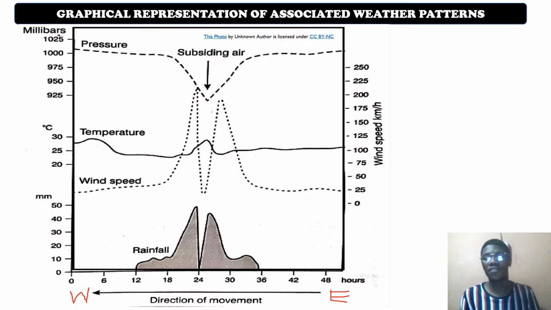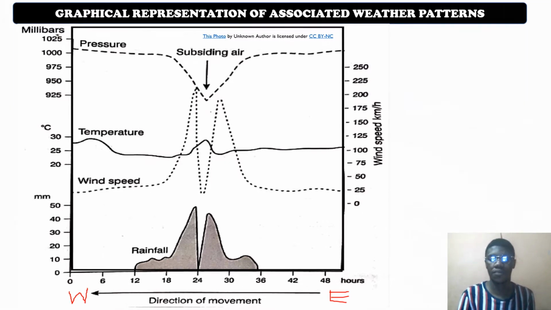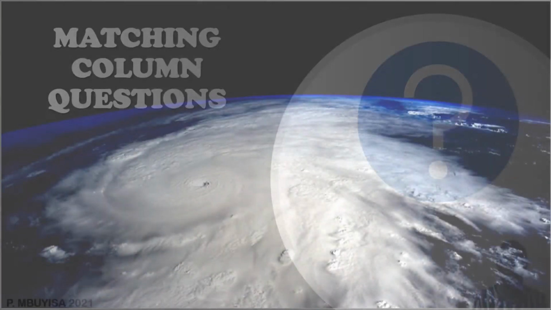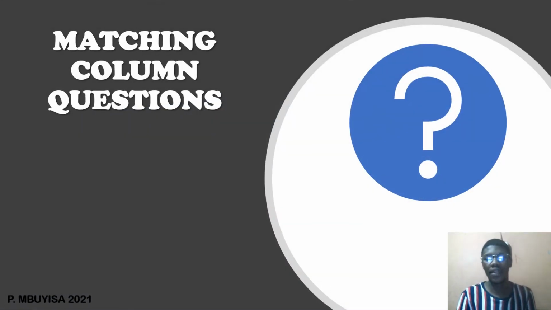Okay, so important point to just think about. Now right now I want us to think about some of the questions they may ask you. So we're going to start with some key multiple choice questions, and then we'll move on to the longer questions. Okay, so we are going to be looking at matching column questions.